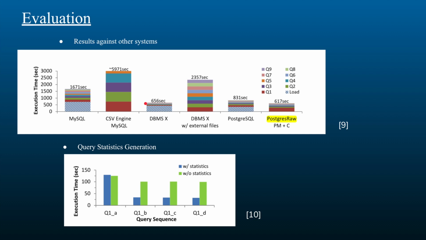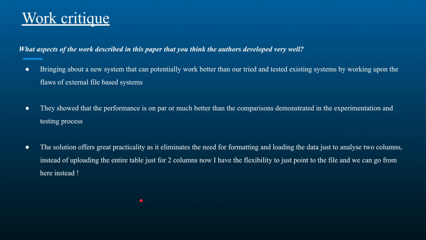Also, Postgres Raw allows you to do statistics generation, so you can better form your queries. If you look at the performance when you enable statistics, your queries will perform in around the same range, but you will see a significant drop in the actual time taken to execute.